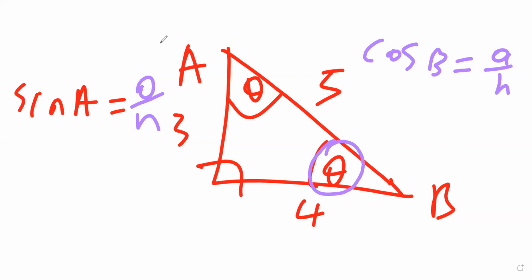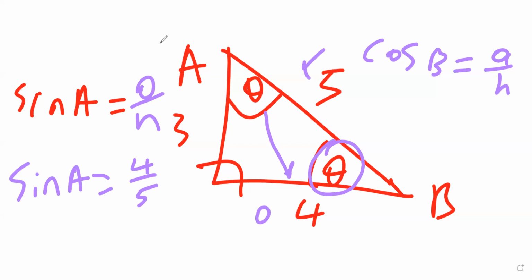Now, if I substitute the dimensions into the sine ratio, for A in terms of sine, this will be the opposite side, while this is the hypotenuse. So we say the opposite is 4, the hypotenuse is 5.